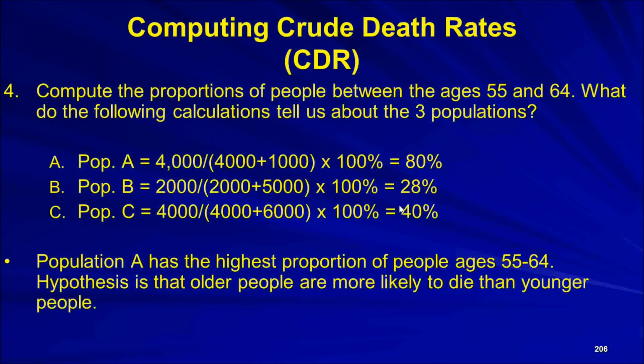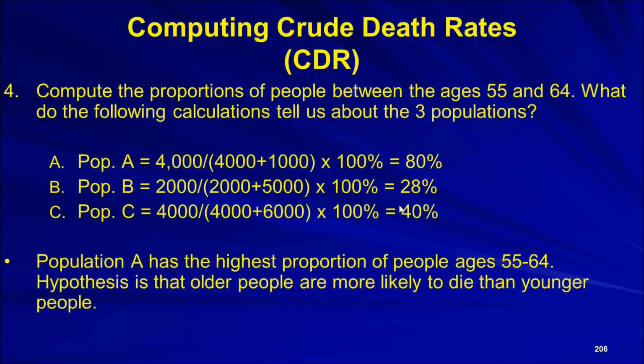So we assume that the older you are, the more likely that you're going to die versus those in the other two populations in which they are younger. So we've combined and utilized two statistics in order to provide information about why we are seeing more deaths in population A than the other two populations.